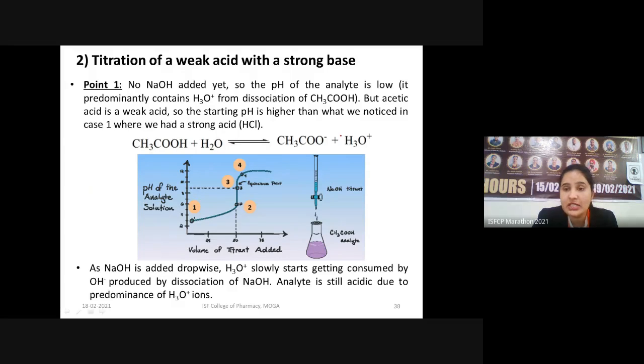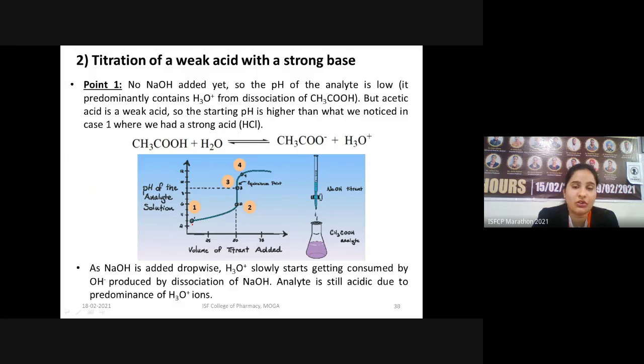Since the concentration of H positive ions or hydronium ions is low as compared to the solution in which we previously took HCl, the pH of the analyte solution will be more. Since we have fewer H positive ions, our solution is not that acidic, and hence the pH will be a little higher than that of the previous titration curve.